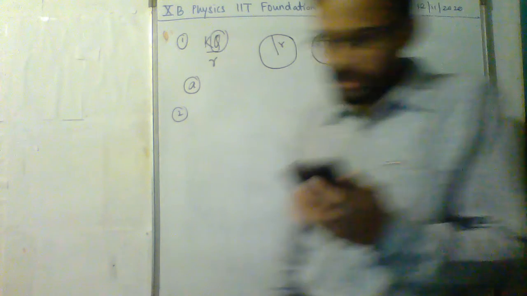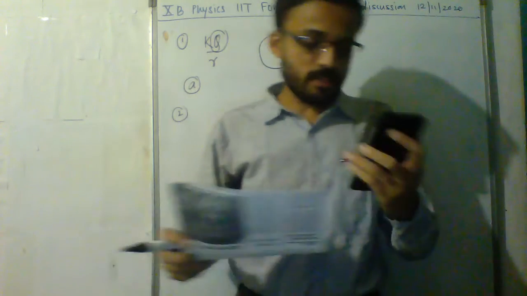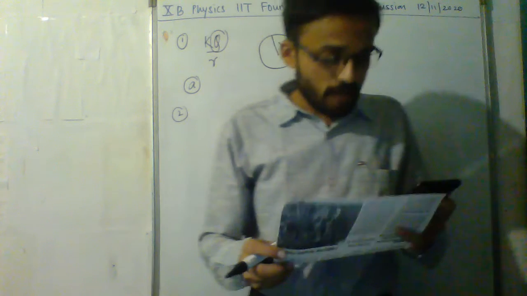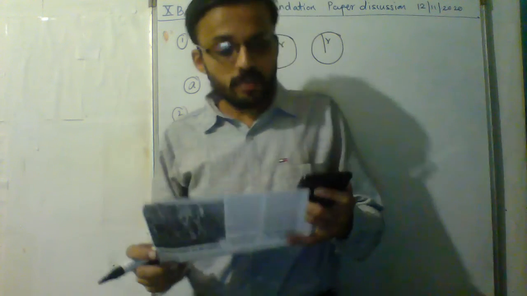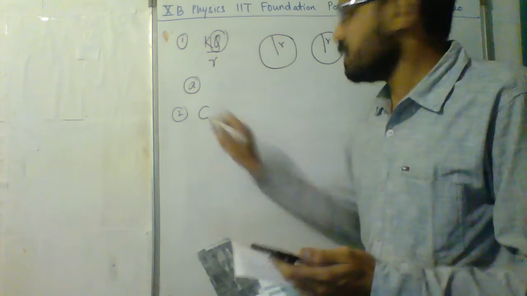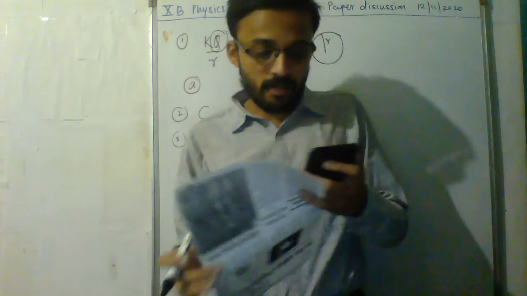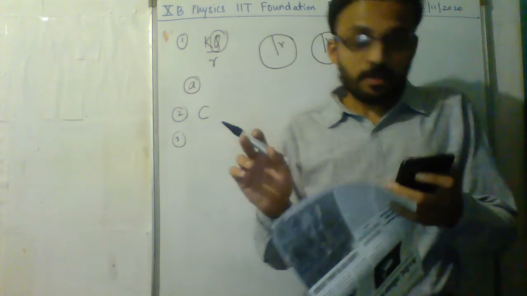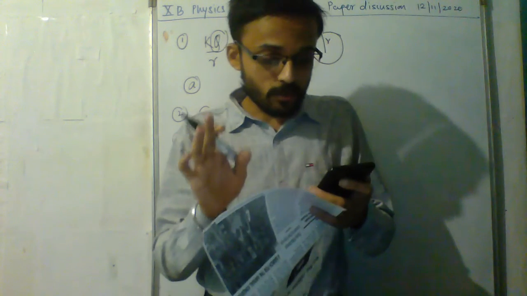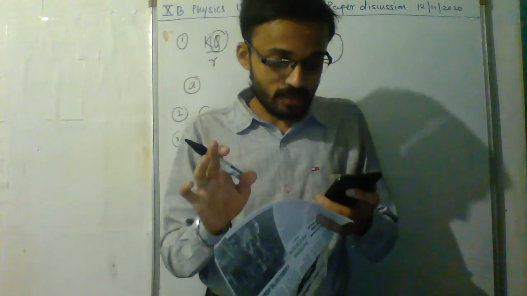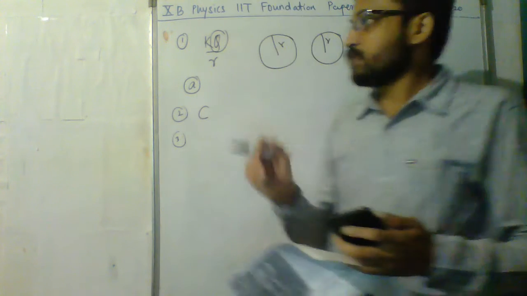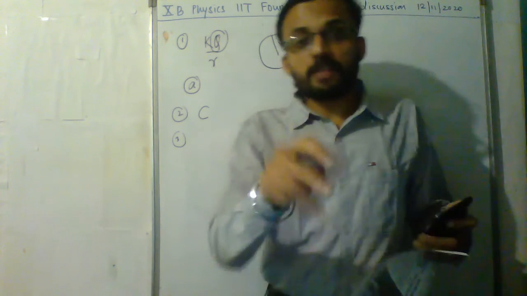Second, dash dash is independent of size and shape of the conductor. Of course, C will become the resistivity, no need to explain. Number 3, the mass of the element deposited at the electrode when 1 coulomb of charge is passed through the electrolyte is called as. Actually, that is from your electrochemistry.